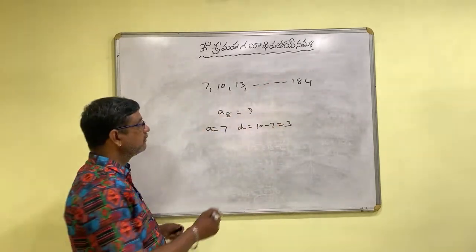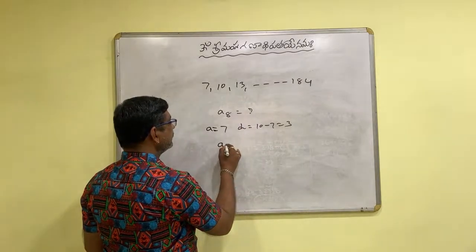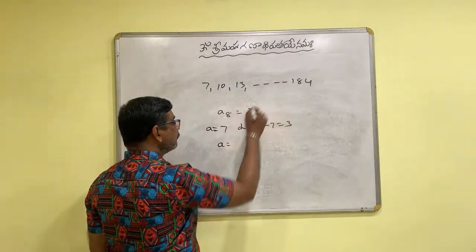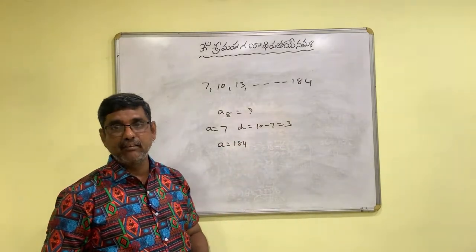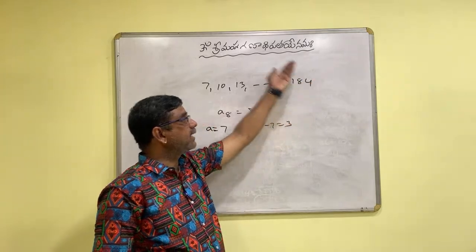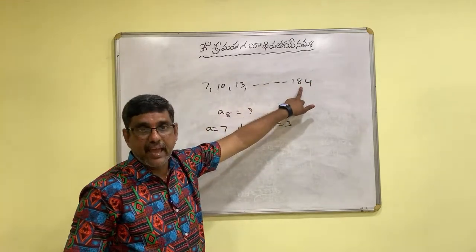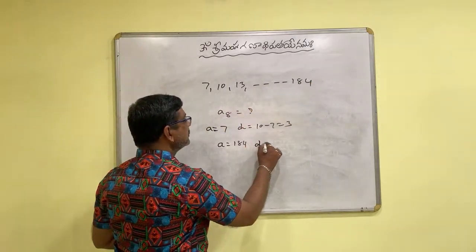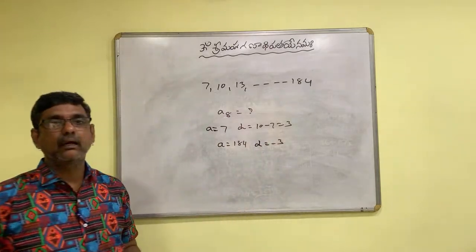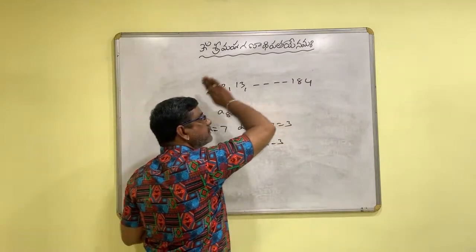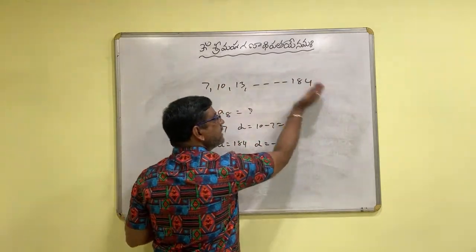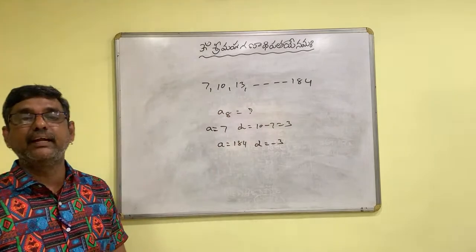So what do we have to take? A as 184. We have to find the 8th term from the end, so this is A, and the common difference becomes -3. From the beginning D is positive, so from the end D is negative. That is what you have to understand.